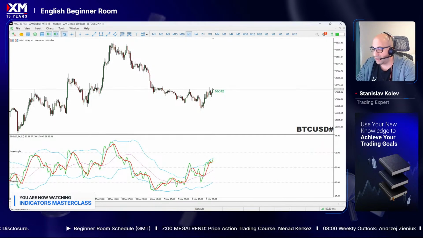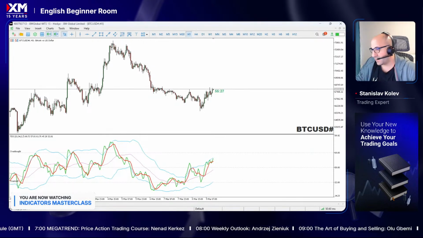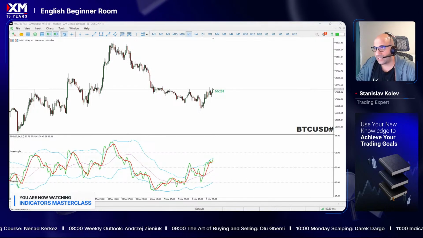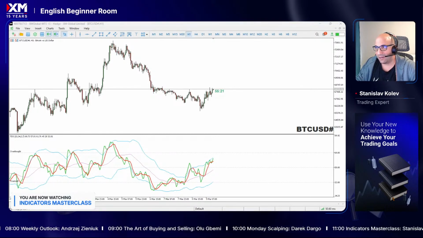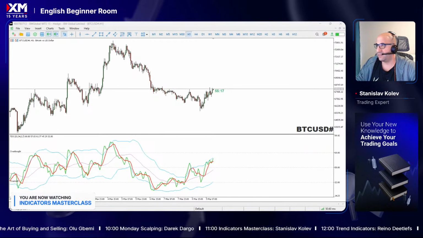And the idea is to do a little bit of backtest and to do a little bit of seeing if this is something that we could utilize and make something out of it.